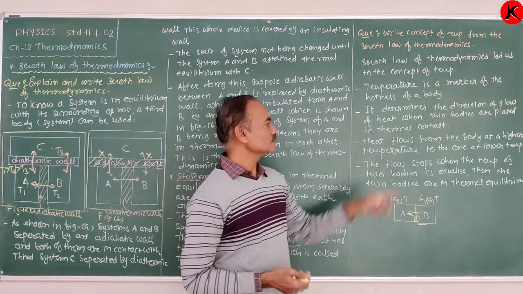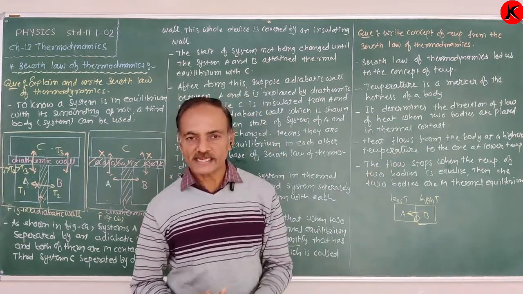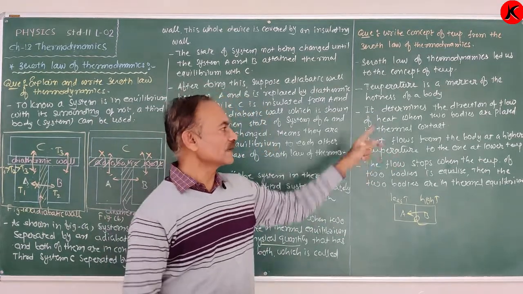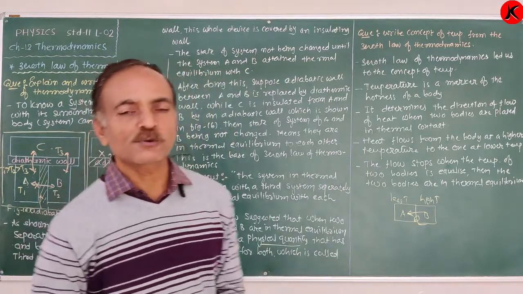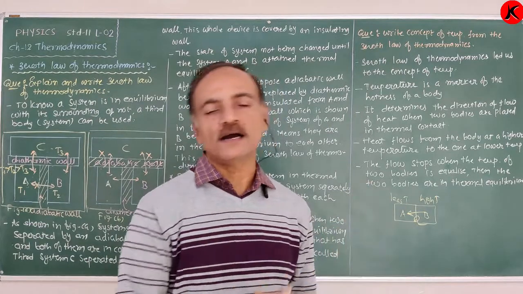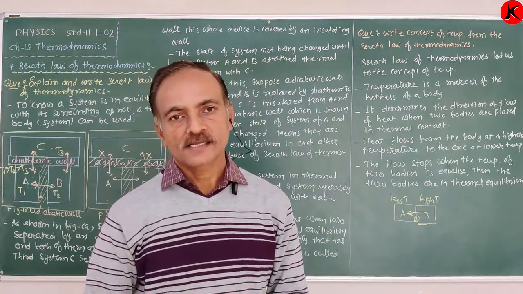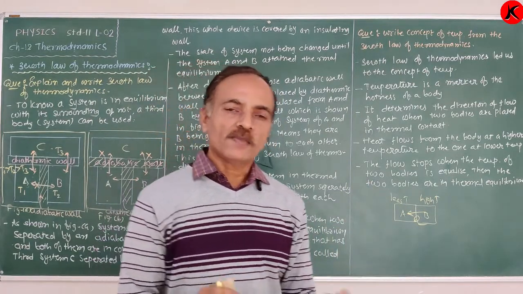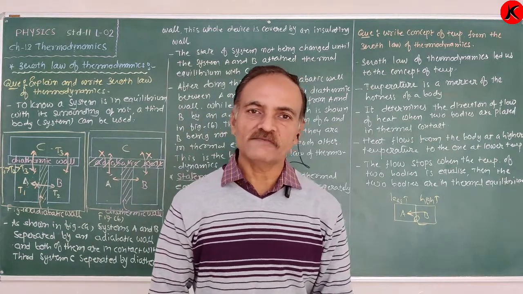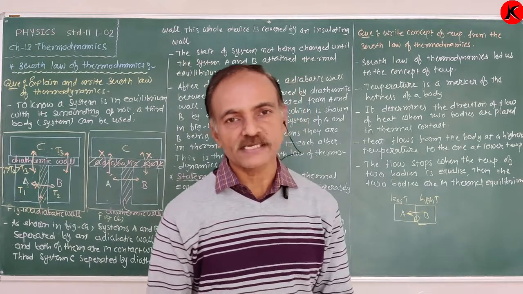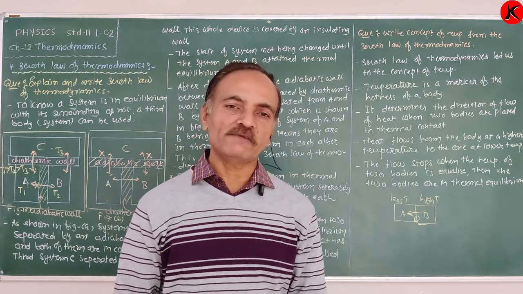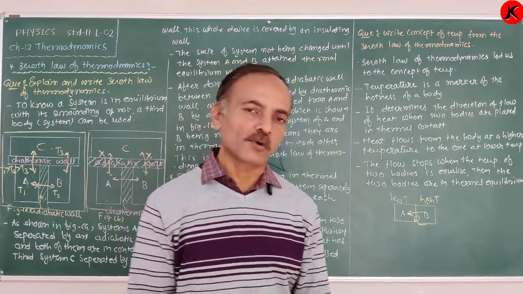The heat flows from the body at higher temperature to the other at lower temperature. Heat always flows from higher temperature to low temperature. So from the flow of heat we can know which body is at higher temperature and which is at low temperature, or from the temperature of the bodies we can know the direction of flow of heat.